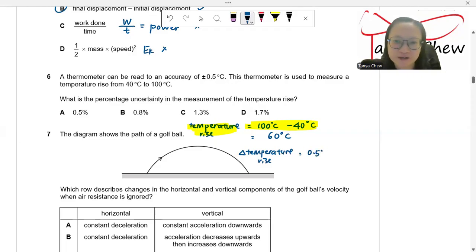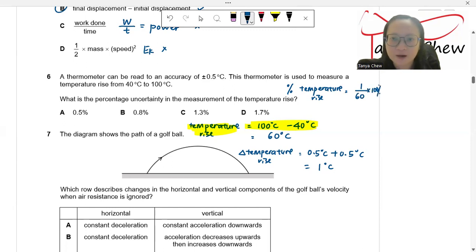So 0.5 degrees Celsius plus 0.5 degrees Celsius, so 1 degree Celsius is the absolute uncertainty of the temperature rise. Now, what is the percentage uncertainty of the temperature rise? It will be absolute uncertainty, which is 1, divided by 60, which is the temperature rise, times 100%. And you should get 1.67%, or you can round it off to 1.7% as the answer.